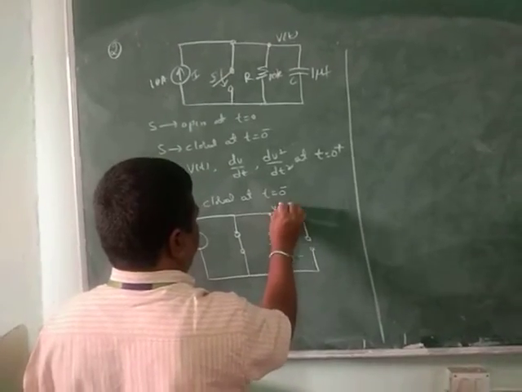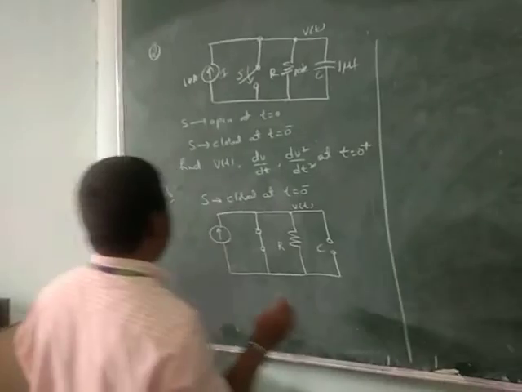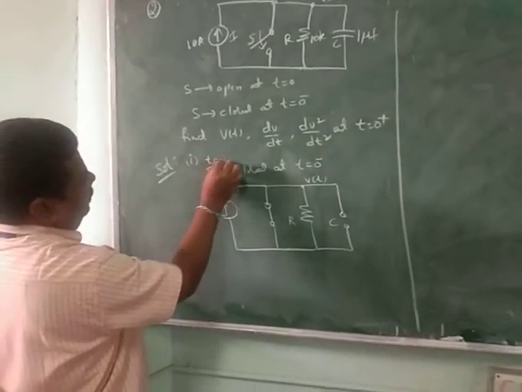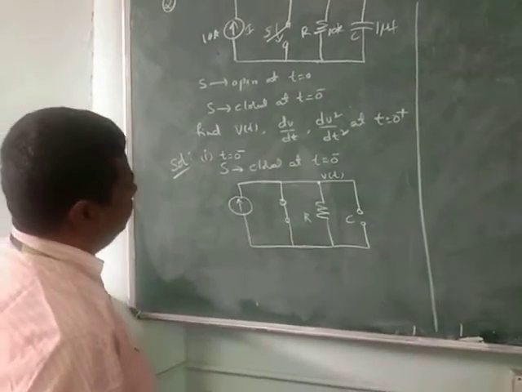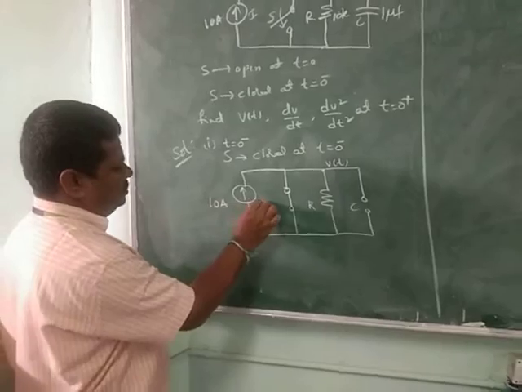This is v(t), this is R, this is the capacitor. Coming to case 1, t is equal to 0 minus, S is closed.